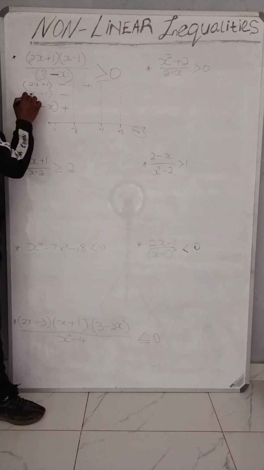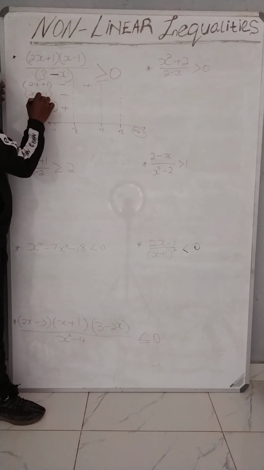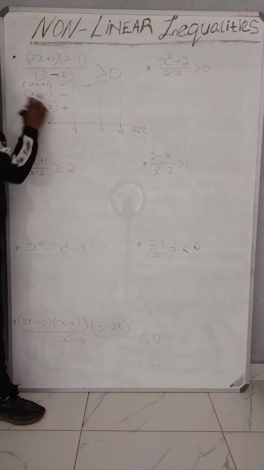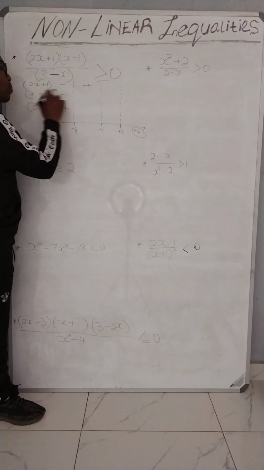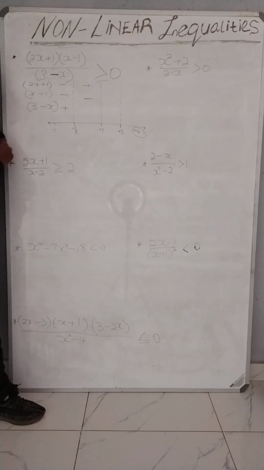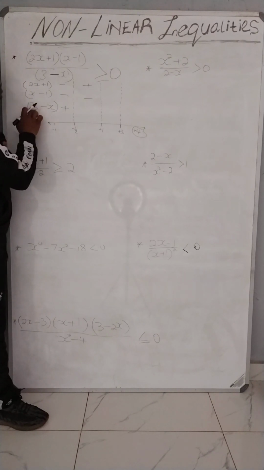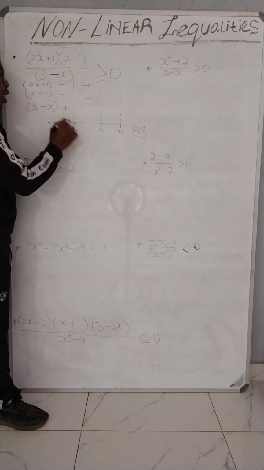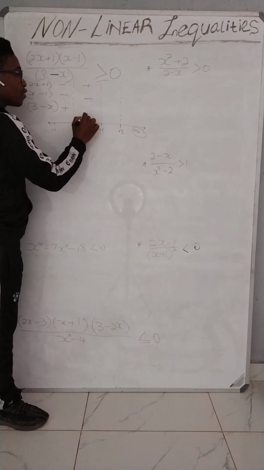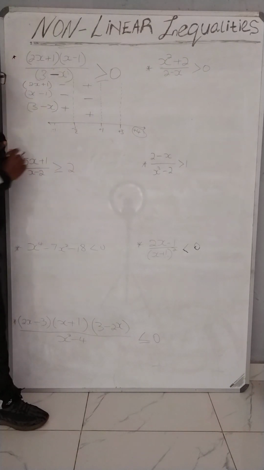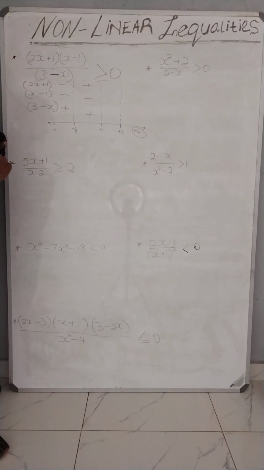If you're going to have x minus 1 and you put 0, then 0 minus 1 becomes negative 1. The factor is negative. If you put 0 here, 3 minus 0 becomes positive 3. Therefore, you have positive here. Walk with me now.